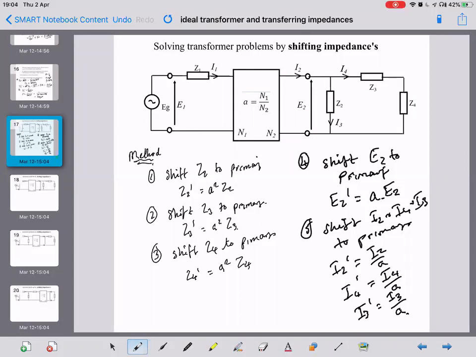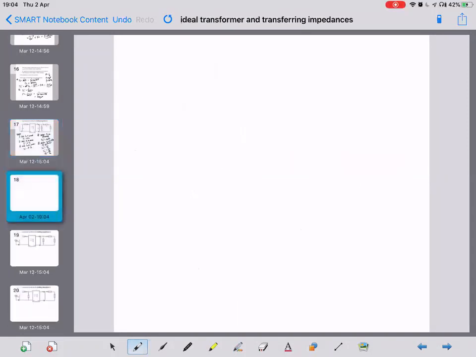So what we've effectively done is made the circuit look like this. Here's our EG onto the main terminals of the transformer. We've got I1, which is a primary side current anyway, flowing through that impedance Z1. And then this is where the switch is to secondary side components.